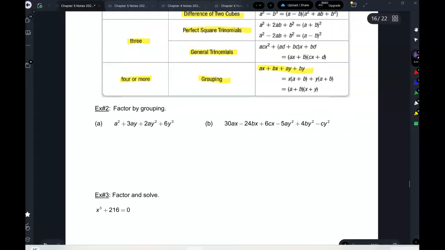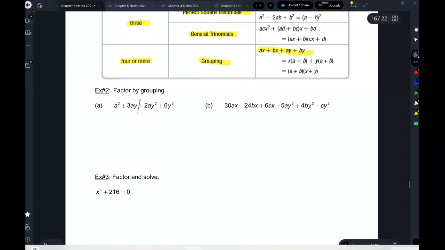So how many terms does this have? 4, which means how can we factor this? Grouping. Okay, so let's split it up here. From the left, I can factor out an a, so I get a squared plus 3y. From the right, I can factor out, oh, a plus 3y, thank you. I can factor out a y, so what do I get?